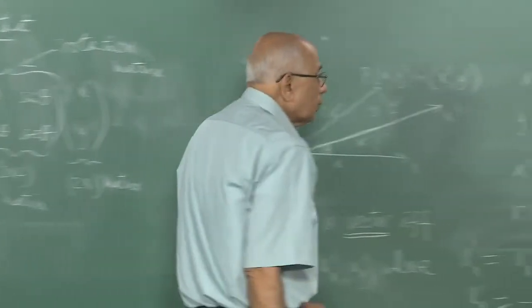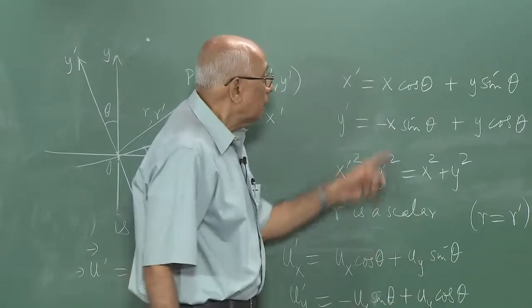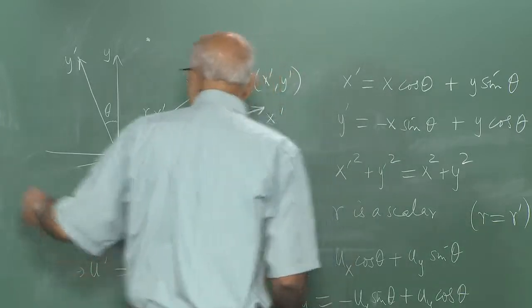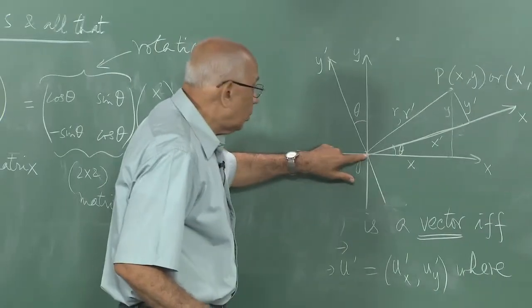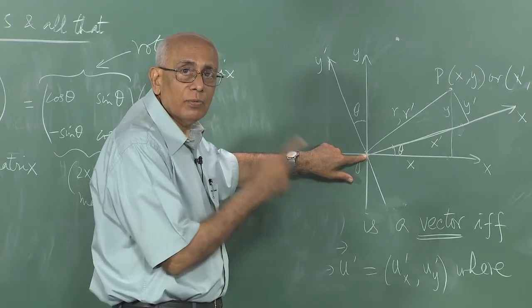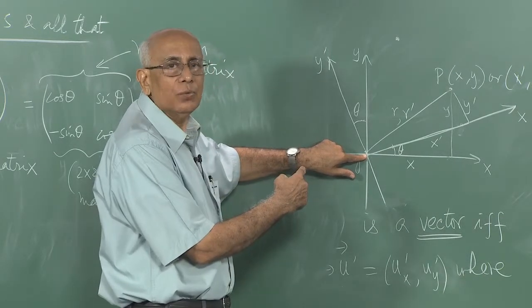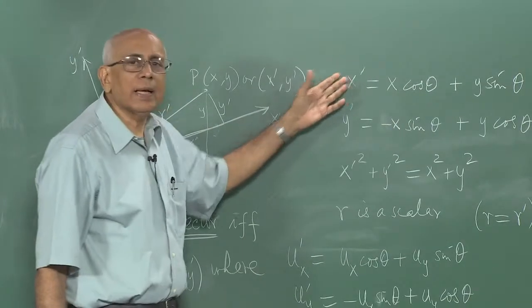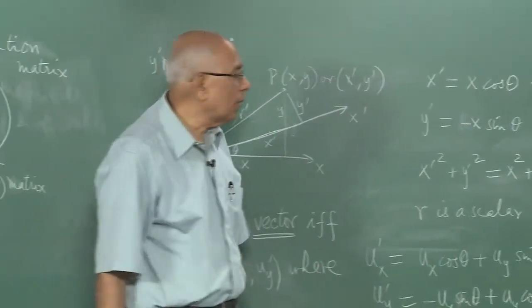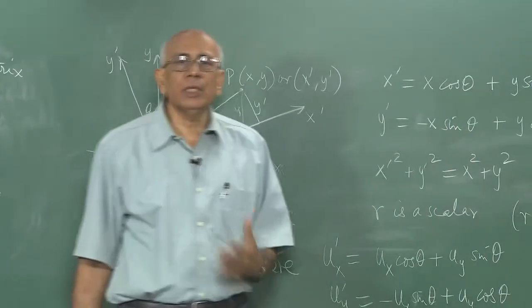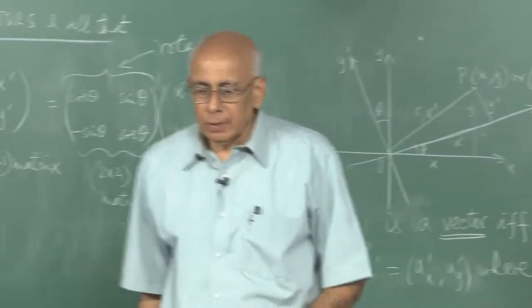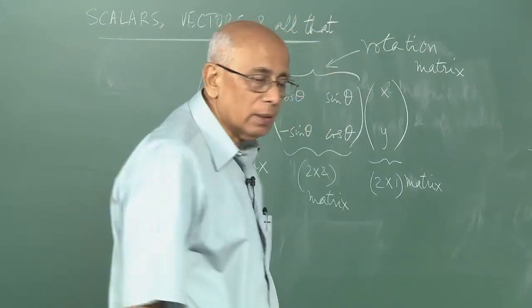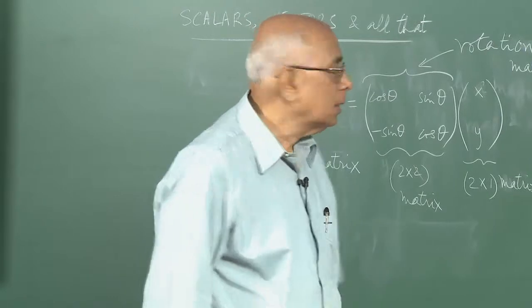It is a linear transformation in the sense that the origin has been unchanged. So it is clear that if you are at 0, 0, the origin in the old frame, you are still at the origin in the new frame, which means that if you set x and y equal to 0, you must get x prime and y prime equal to 0 as well, which you do because these are homogeneous transformations. A rotation, a proper rotation, is a homogeneous transformation in the sense that the origin is left unchanged under the transformation.